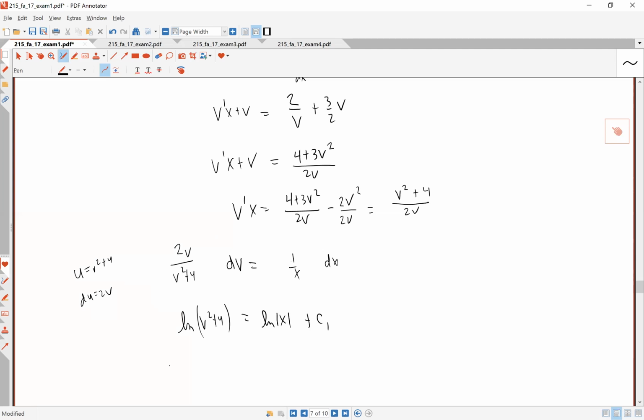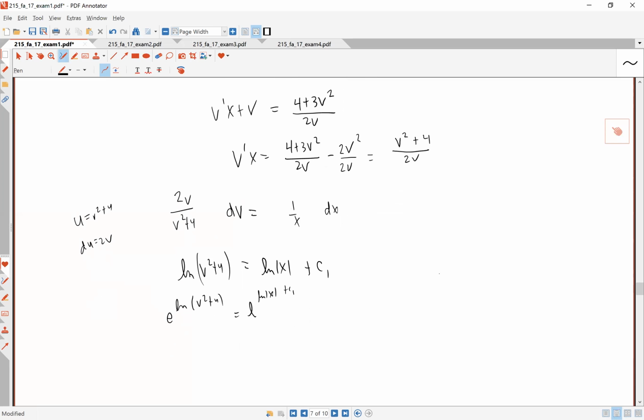We take e to both sides. And that gives us v squared plus 4 equals e to the c1, which is some new constant, times x.